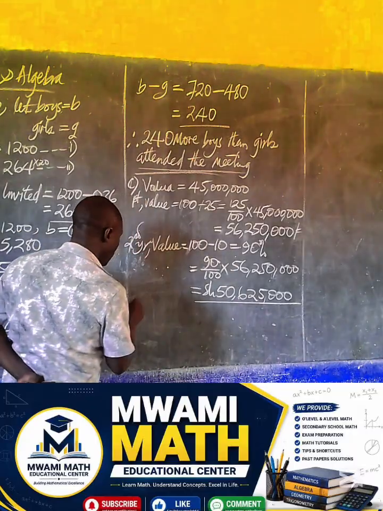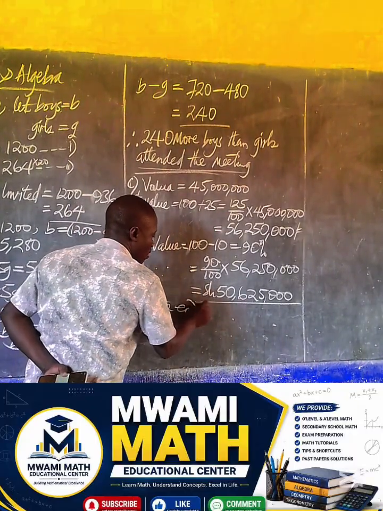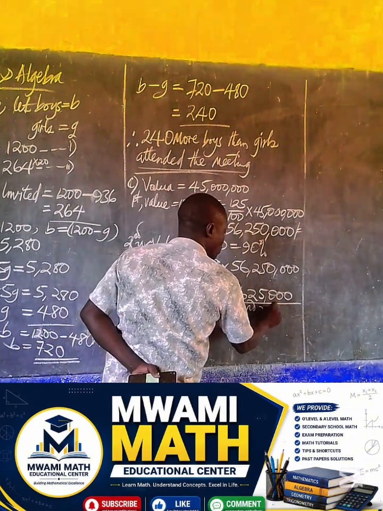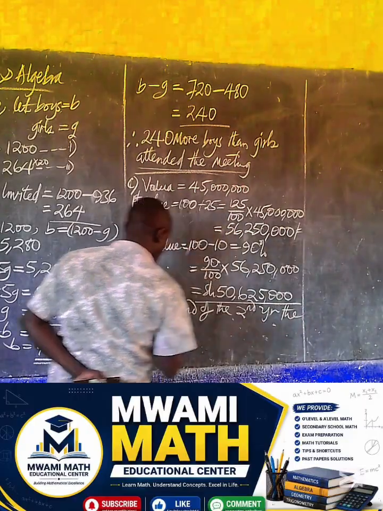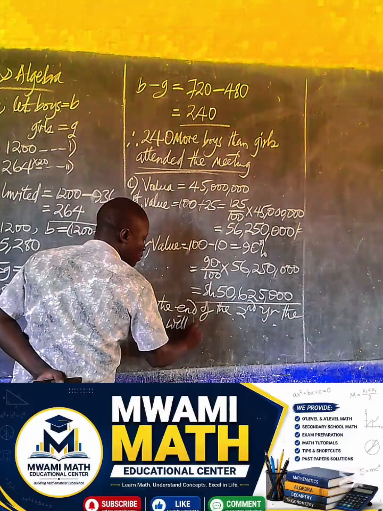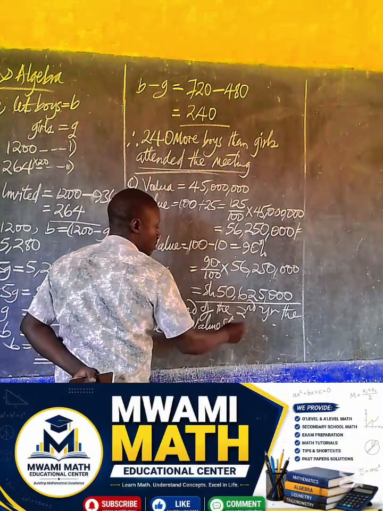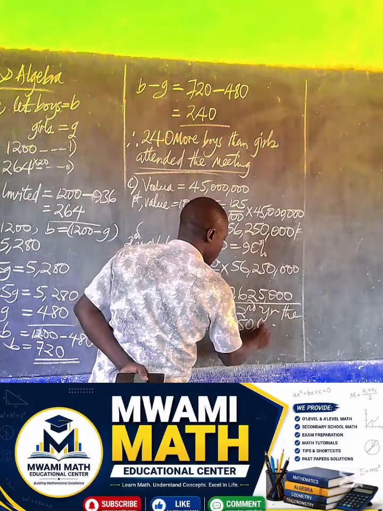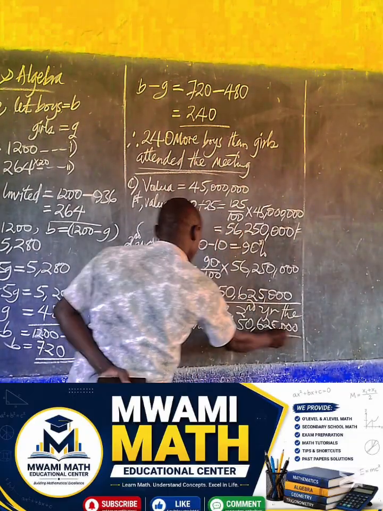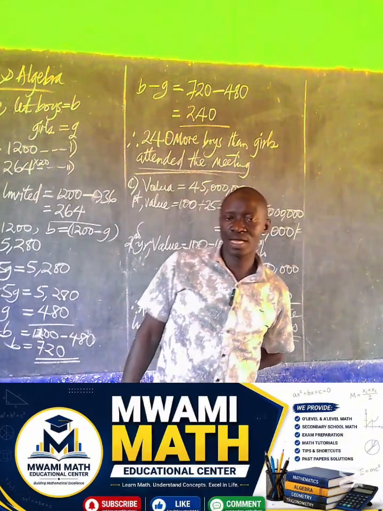So, therefore, at the end of the second year, the house will be valued at shillings 50,625,000. As simple as that.